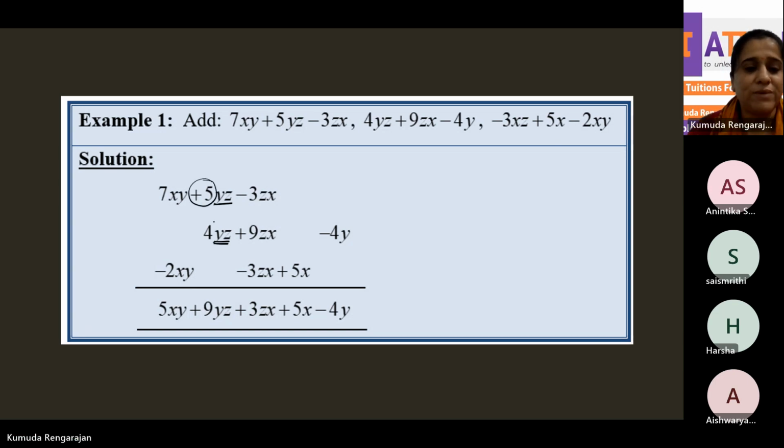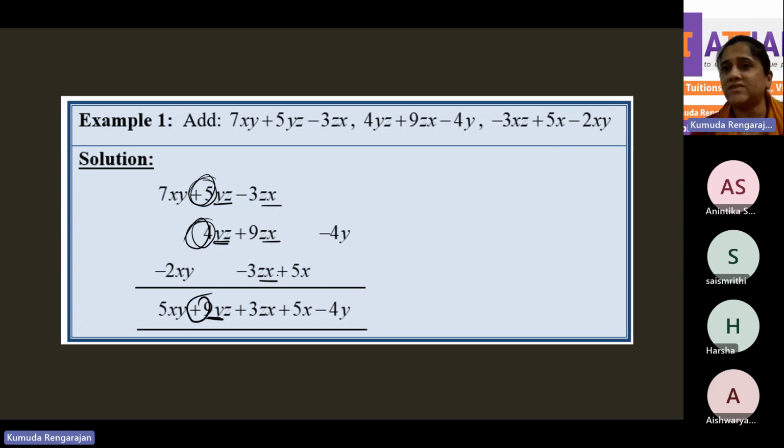Plus 5 plus 4, 9yz. Zx. I said xz, zx, both are the same. Okay, so xz or zx, whatever, zx.